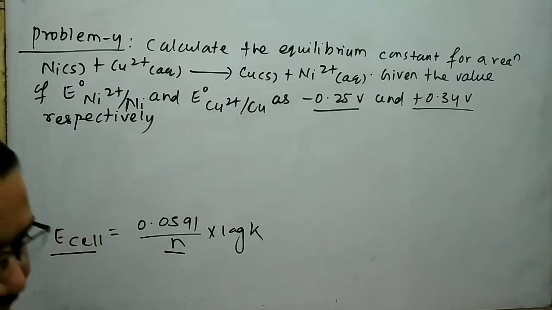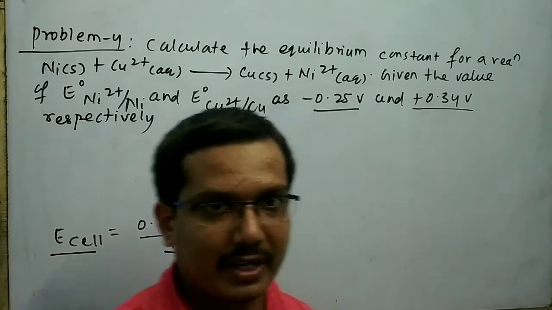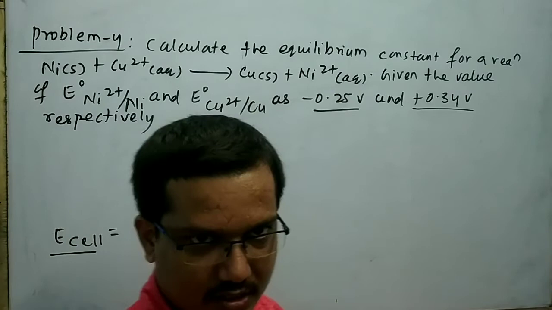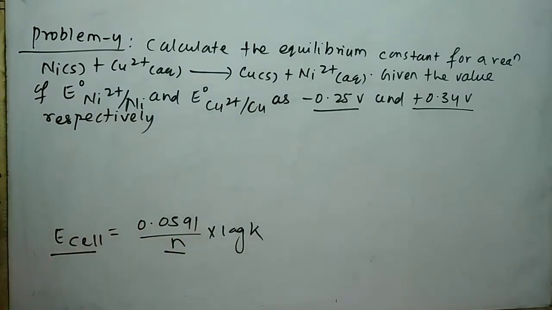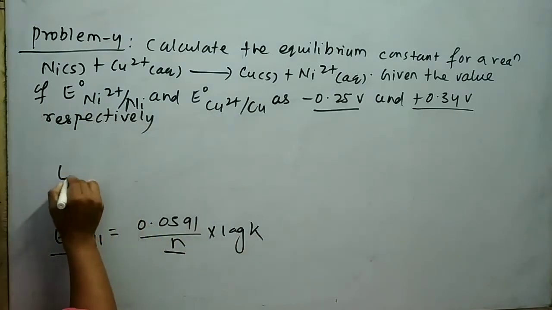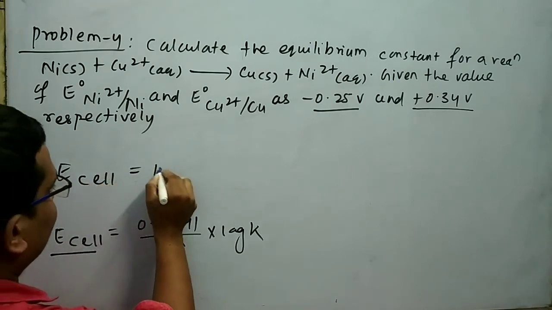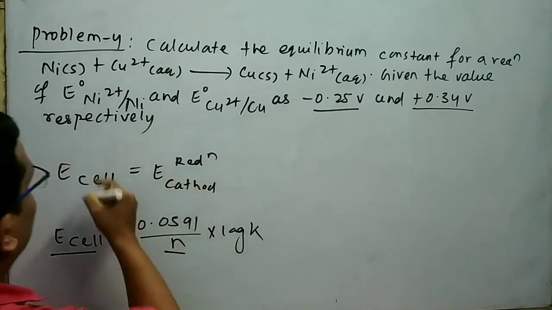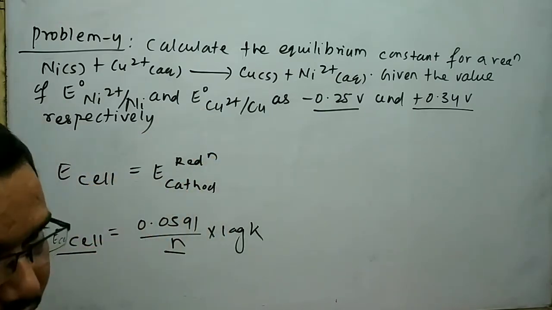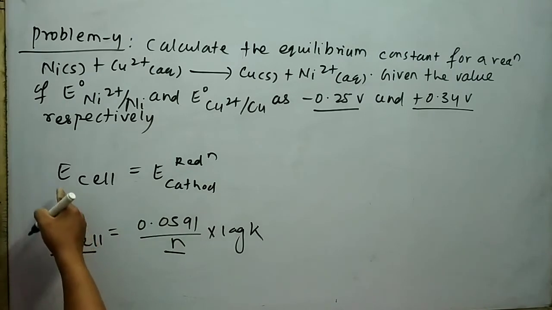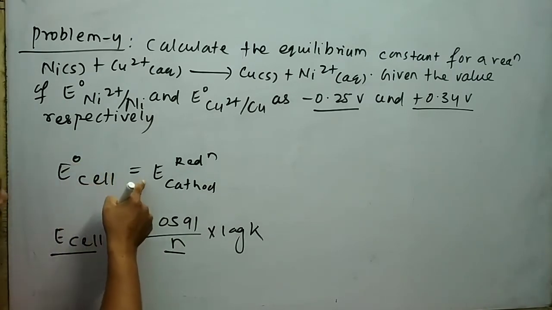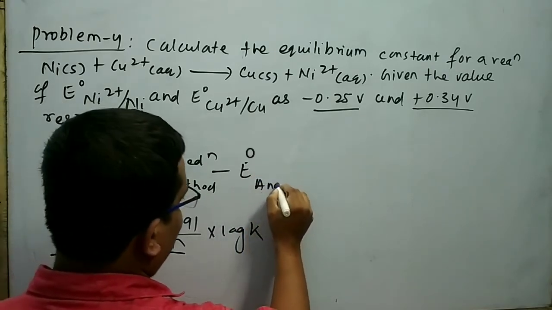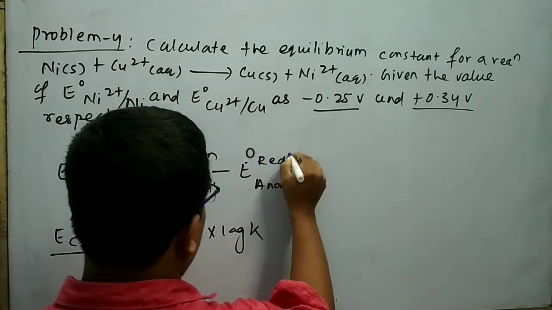For calculation of E cell, remember two formulas are given. If the concentration is given, then it is bound to apply the Nernst equation. If the concentration is not given in the problem, simply you can apply E cell equal to E cathode reduction minus E anode reduction. Here standard reduction potential is given, so I can write E0 cell equal to E0 cathode reduction minus E0 anode reduction.